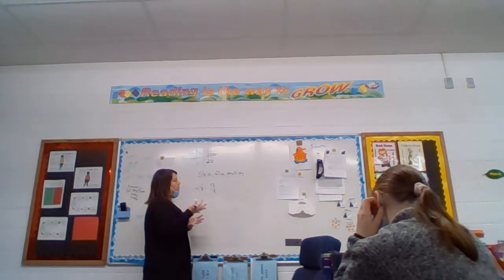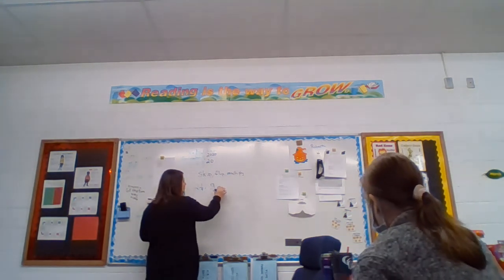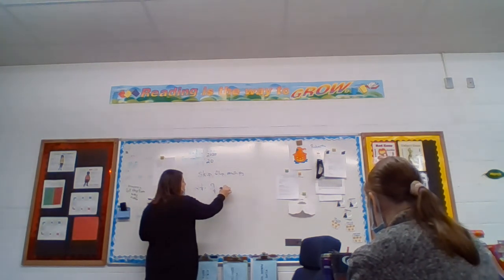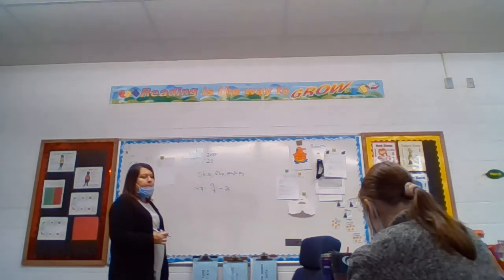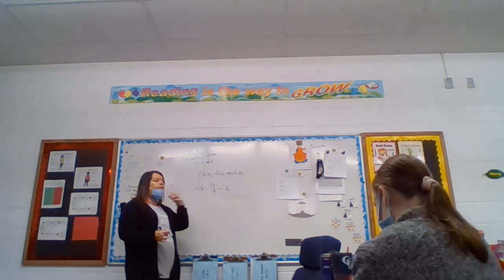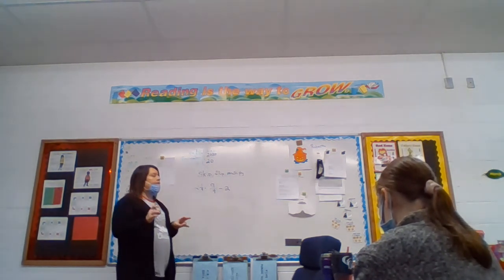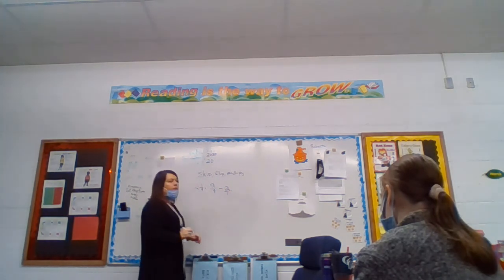So now, since we're cutting this recipe in half, we're going to divide by 2. Now, when you have just a whole number by itself and you want to look at it in fraction form, you just put a 1 underneath it.